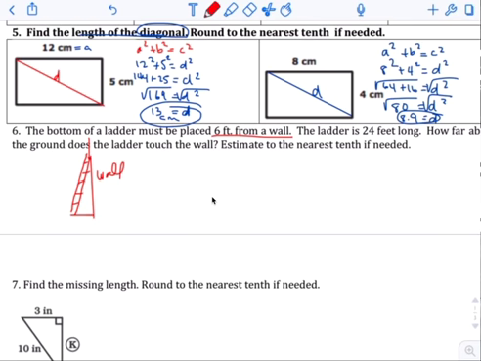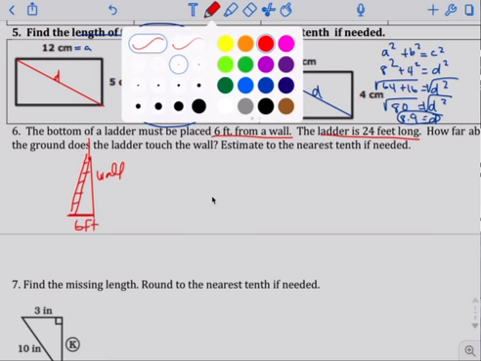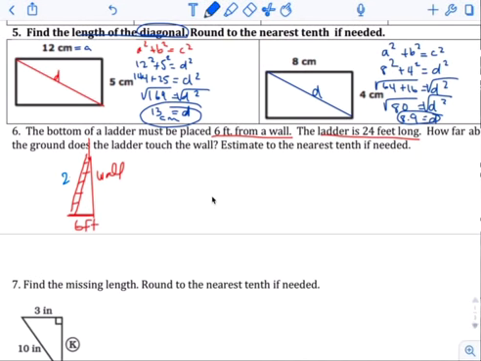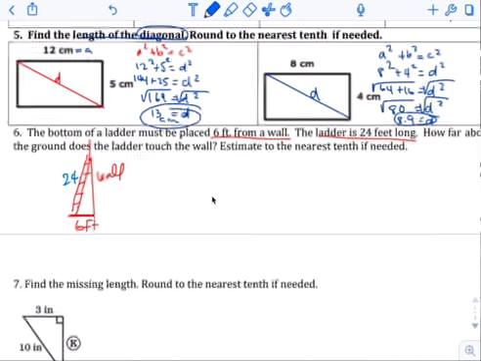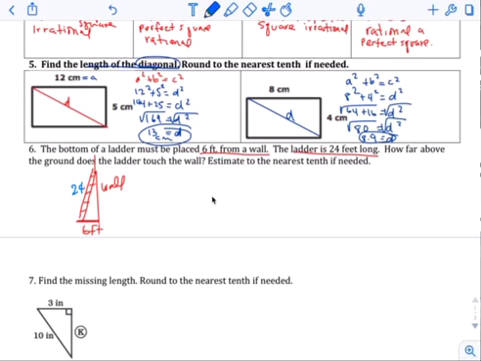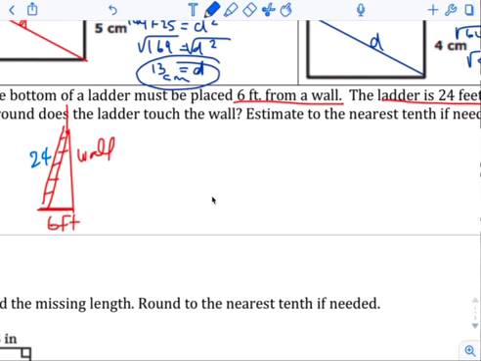And the distance from the ladder to the wall is 6 feet. The ladder is 24 feet long. How far above the ground will the ladder touch the wall? Oh, we want to know how far up the wall it is, from here to here.